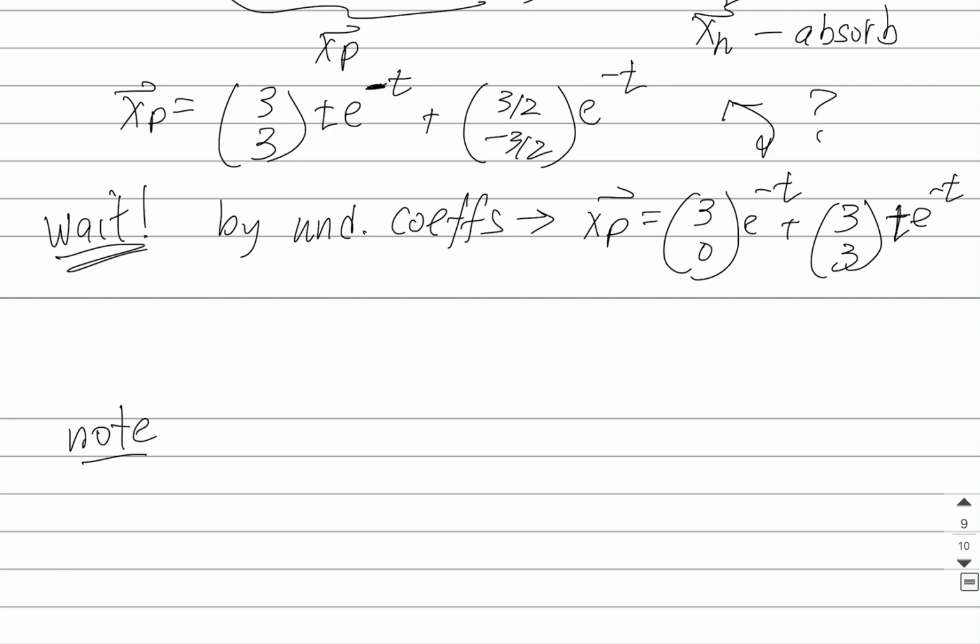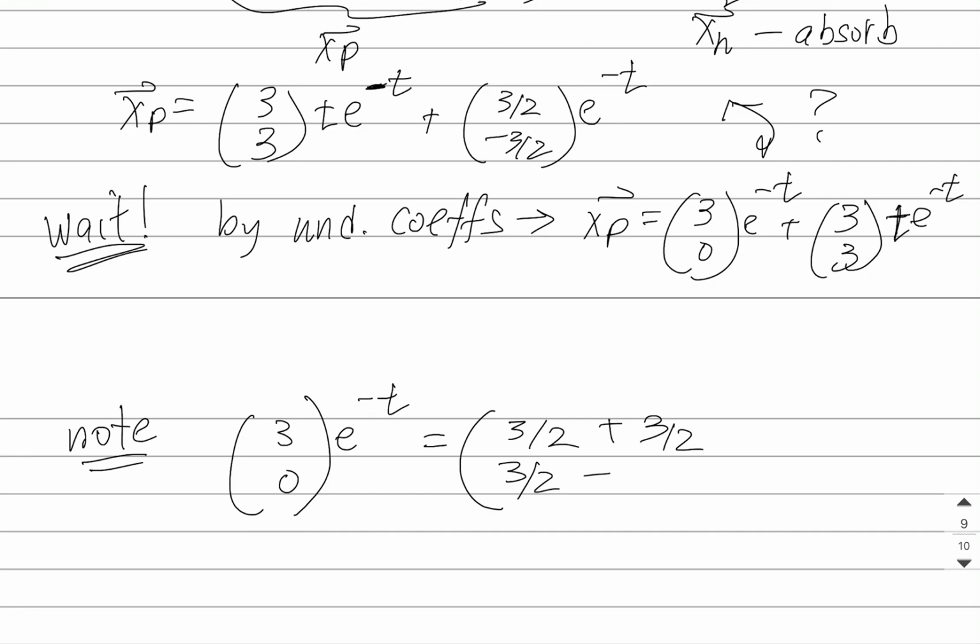Trickery, my friends. When you've got this term, e to the minus t, you could interpret it as 3 halves plus 3 halves, 3 halves minus 3 halves, all of these times e to the minus t. Why on earth would I do that?